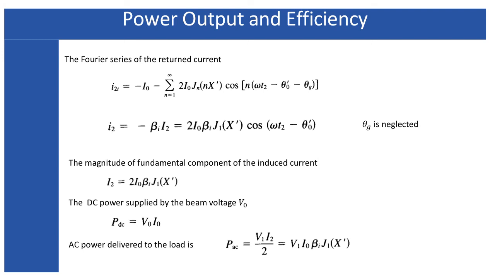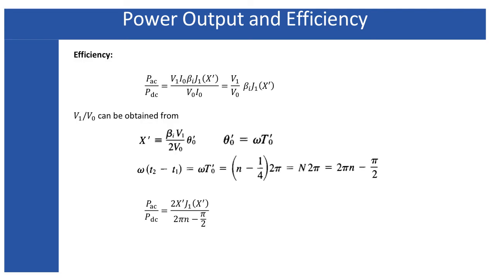Now the DC power can easily be obtained, this is the product of V naught times I naught, where V naught is the DC voltage used to produce the electron beam. On the other hand, the AC power can be obtained by multiplying this V1 with the I2, where V1 is the peak amplitude of the cavity gap voltage and I2 is the fundamental component of this Fourier series that I already have obtained.